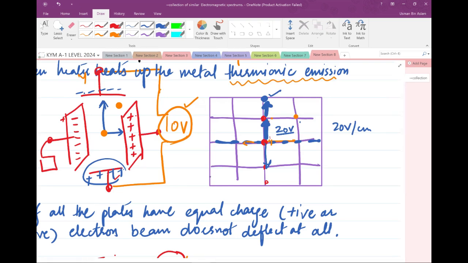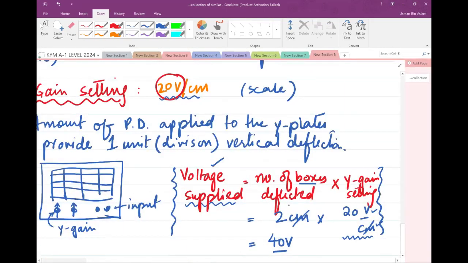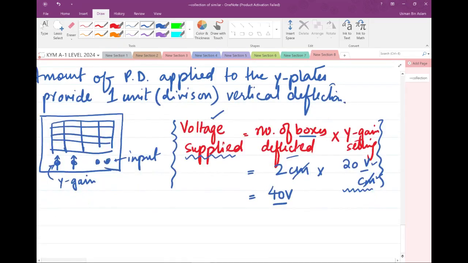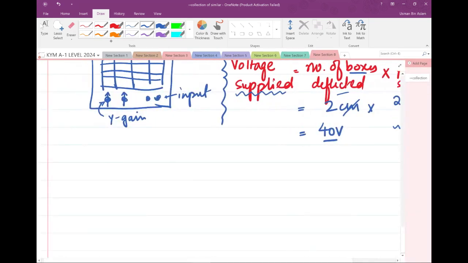If you want to find out the voltage from the bottom deflection, the process is still going to remain the same. If there was one box deflection downwards, you multiply the Y gain setting with one box. If there were two boxes of vertically downwards deflection, you multiply the Y gain with two boxes. Same process. So it wouldn't give us a value in negative because the plate is positive. Yes.